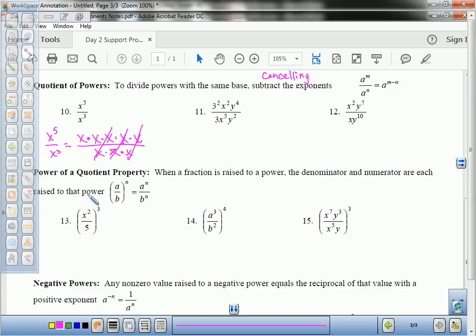And what is x times x? X squared, that's right. So what we can do is if we subtracted them, we would get x squared. 5 minus 3 is x squared. But I like to think of it like this. 3 of these cancel with 3 of those and leave us 2. And it leaves us 2 in the numerator.